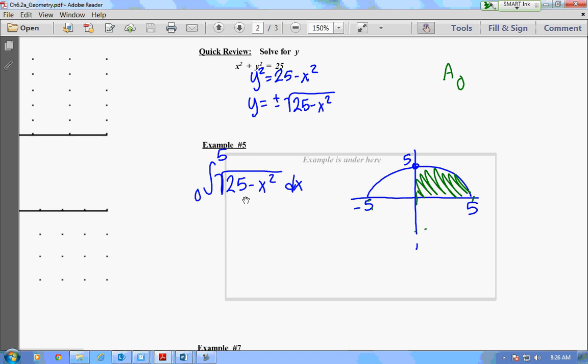Okay, what's the area of a circle? Pi r squared. Now in this case, we're not integrating for the entire circle. We're only integrating from 0 to 5 of the positive half. So what portion of a circle is this shaded? 1/4. So for our area, we're going to do 1/4 pi r squared, 1/4 pi times the radius squared, which ends up being 25/4 pi.